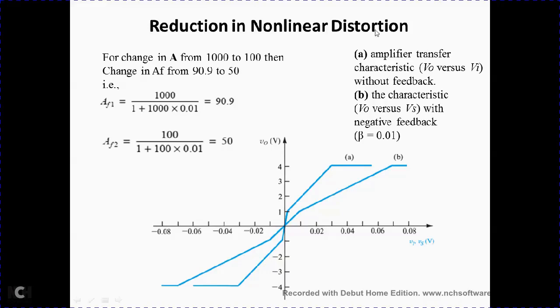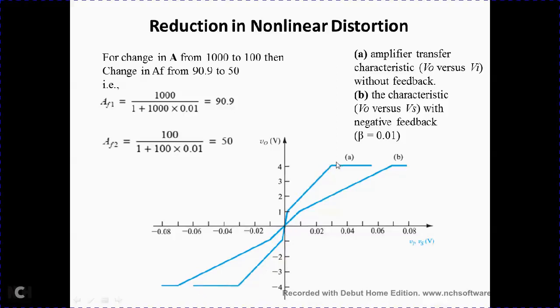Now, reduction in nonlinear distortion. You can see the transfer characteristic of an amplifier. This one is the transfer characteristic of an amplifier without feedback, and this transfer characteristic is for the amplifier with feedback. You can see the difference. It almost looks linear, and this one is not really linear.